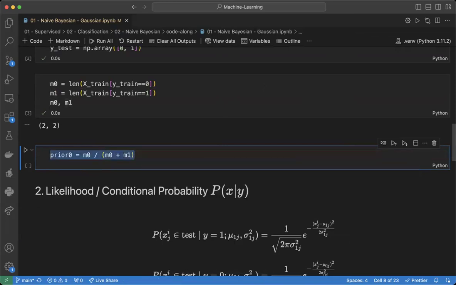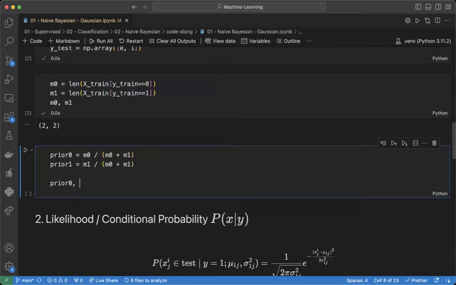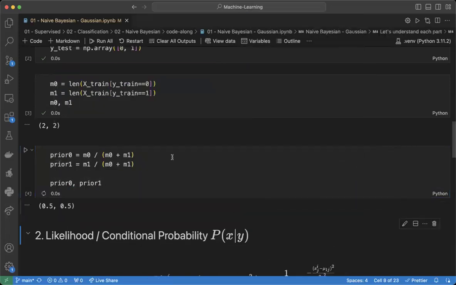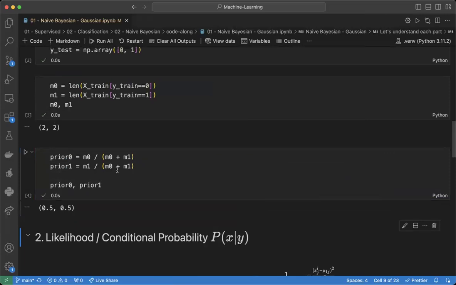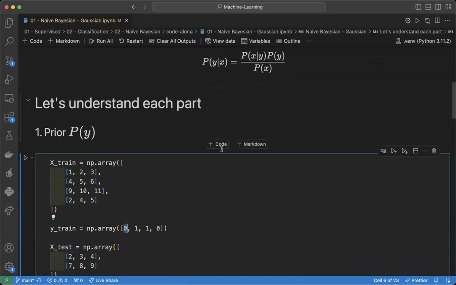Extremely simple. So the prior is nothing but the probability of each class, right? How likely is 0 and how likely is 1. So yeah, congratulations. We are able to figure out this probability Y, right?